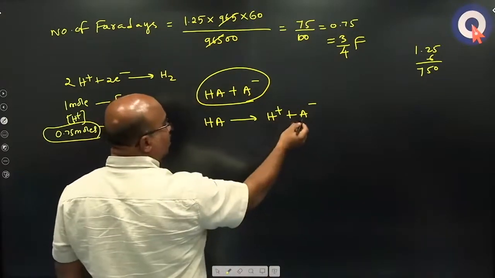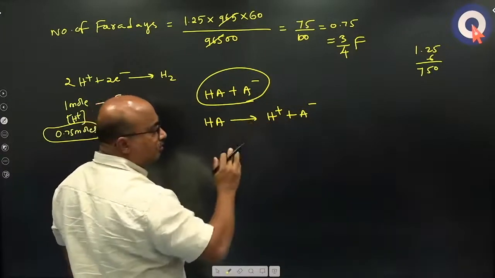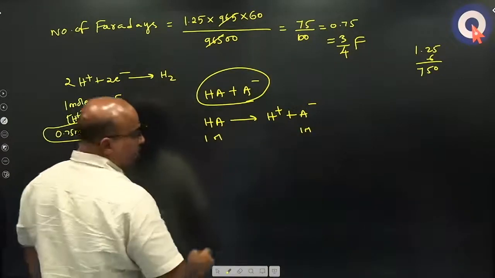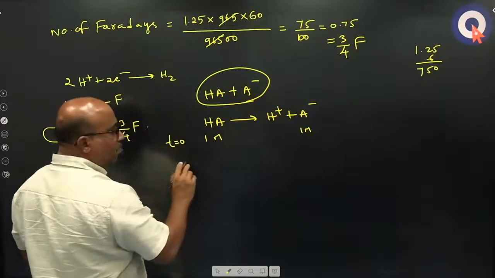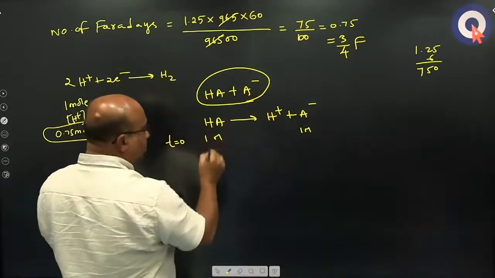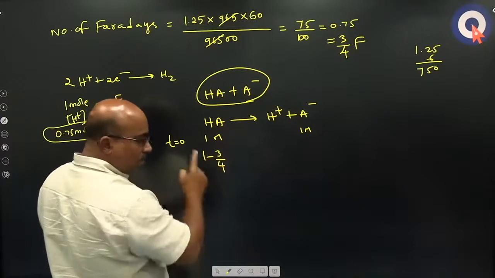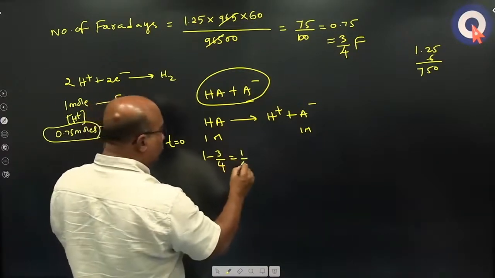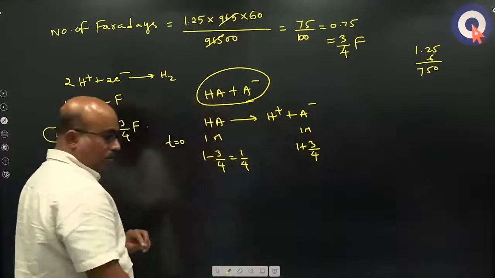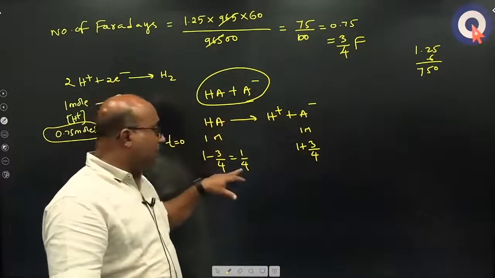Your overall concentration of A minus we take only as the A minus coming from the salt. So if it is 1 M initially at t equals 0, when we pass current for some time, this will decrease, this will increase. How much is decreasing? 3/4 of this is decreasing according to the given condition, so it remains 1/4. Here the 3/4 increases. So the salt concentration increases by 3/4, and the acid concentration decreases by 3/4.